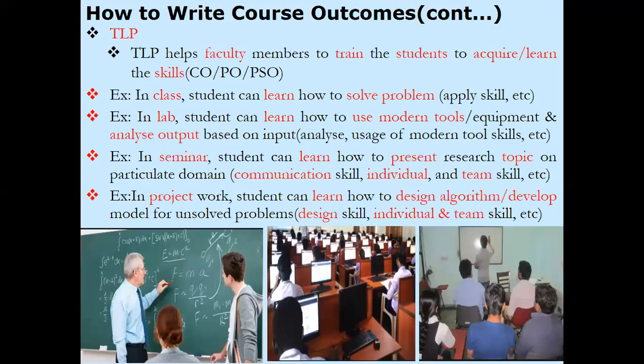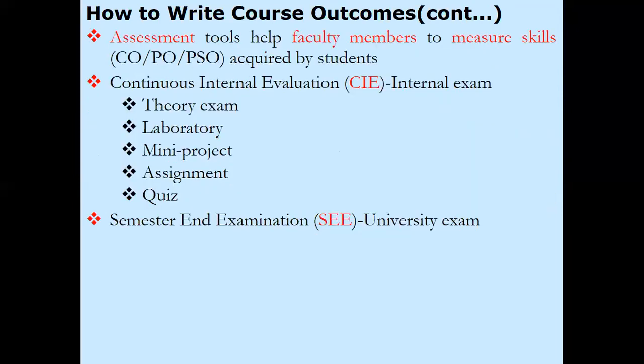Now, whenever you're writing the COs, you have to take the entire syllabus. Another one is TLP. Another one is assessment tools. Now I'm talking about the assessment tools. These assessment tools will help the faculty member to measure the student skill, by means I want to calculate the CO attainment.